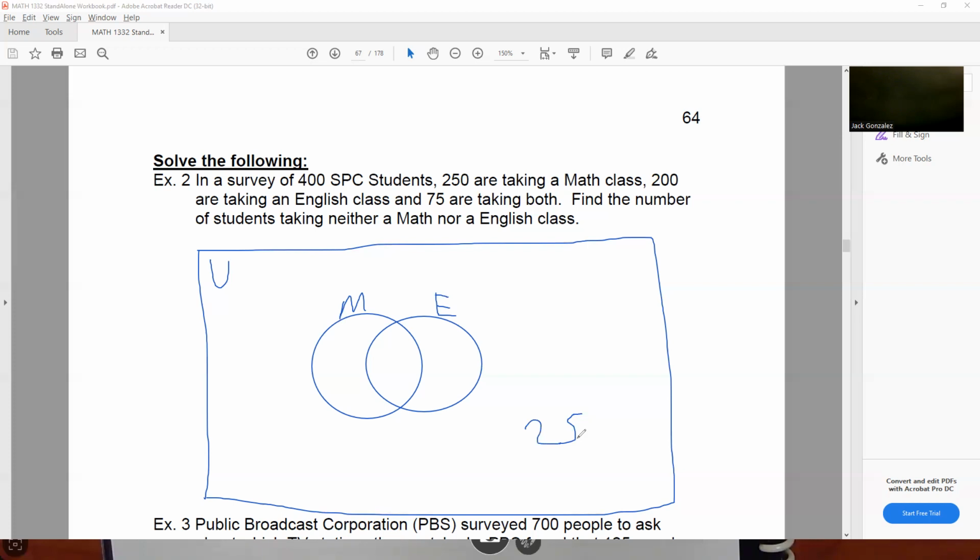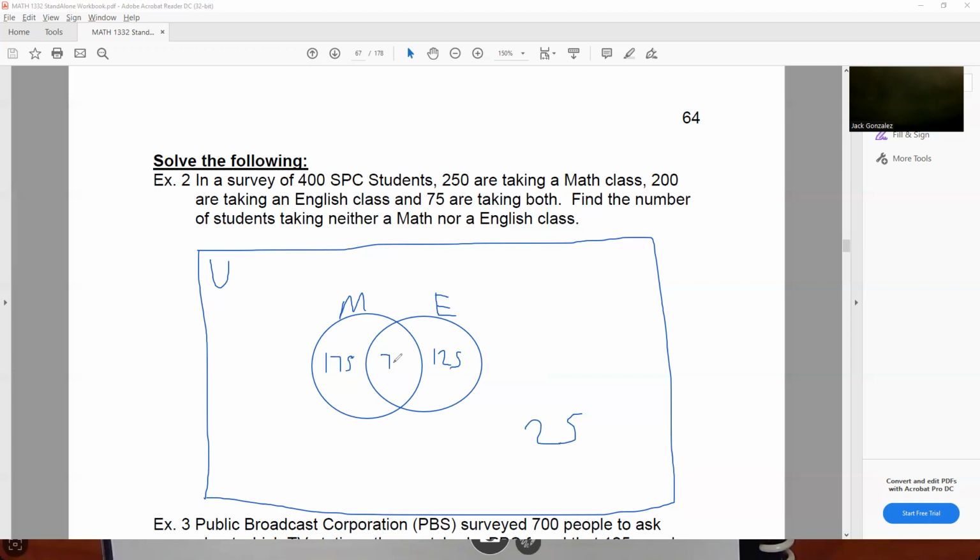So just for fun, how would we fill in these blanks? If you want only people doing math, that would be 250 minus 75, right? Which would be 175. And 200 minus 75, just English.